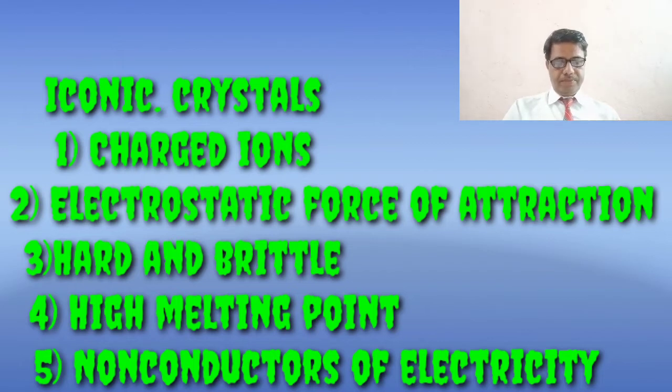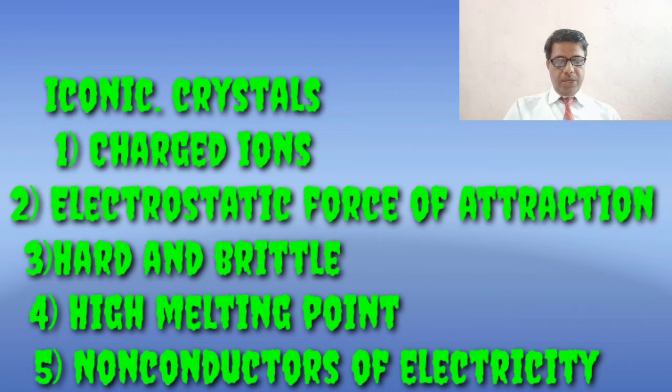Na plus is the cation, a positively charged ion, and Cl minus is the anion. They are held together by a strong electrostatic force of attraction, which we will see in detail in the second point. So their constituent particles are charged ions. This is the first property.